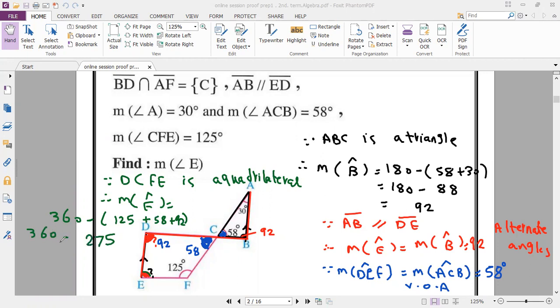So 360 minus 275, we can subtract them. 0 minus 5 over 1, it will be 5 here, and 10. 10 minus 5 is 5, and 5 minus 7 can't be over 1. 15 minus 7, it's 8. So this angle is going to be 85, because we have here 2 minus 2 is 1. That's it. Let's go to the next example.